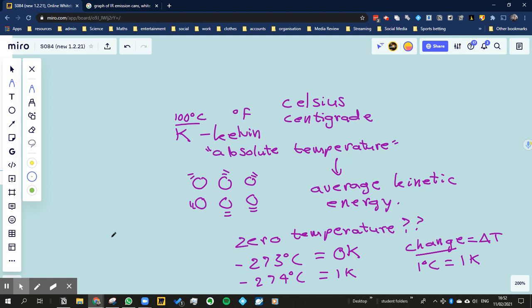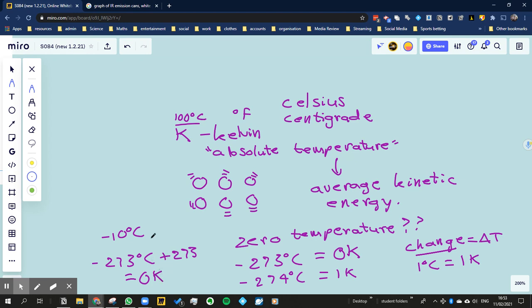If we've got minus 10 degrees C, we would have to add. Hang on a second. To turn degrees C into Kelvin, we would have to add 273, right? So if we had minus 273 degrees C, we add 273, and that equals 0 Kelvin.